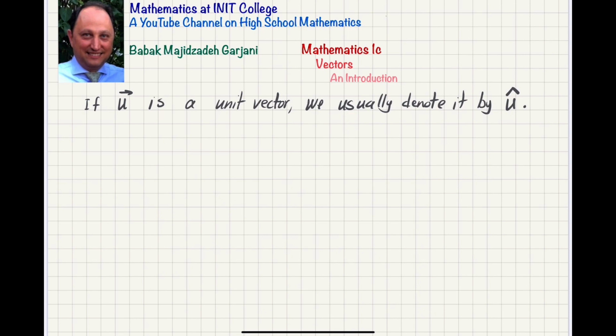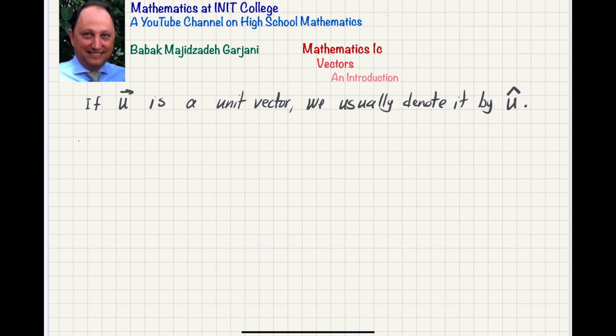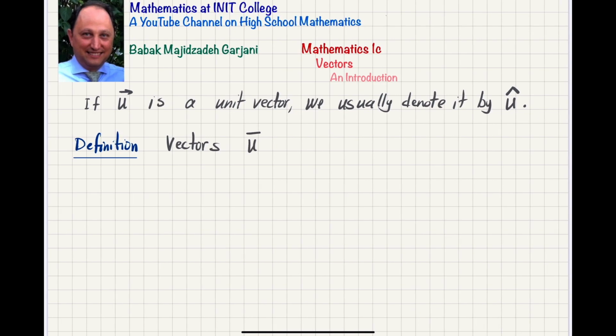So let me write the definition. I would say that vectors, let me call them vector U and V, are said to be equal.